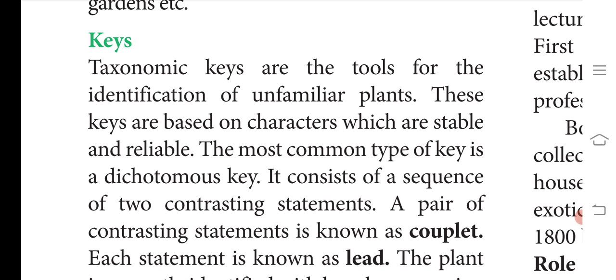If you see a new plant and you want to find its name, you have to go in for these taxonomic keys. These keys are based on characters which are stable and reliable. The most common type of taxonomic key is the dichotomous key.